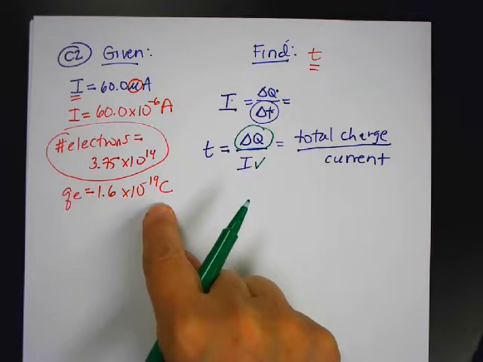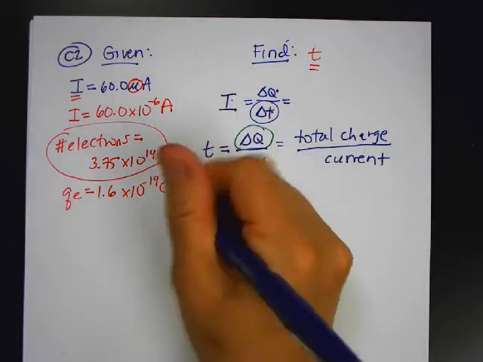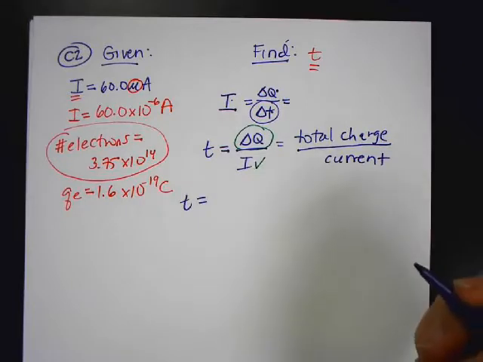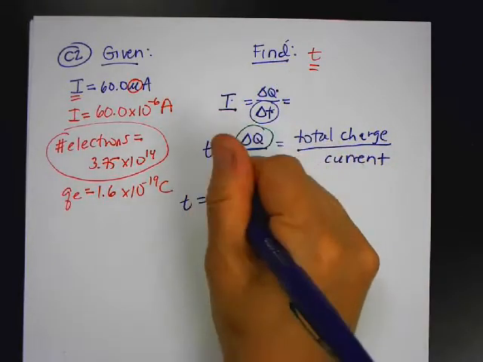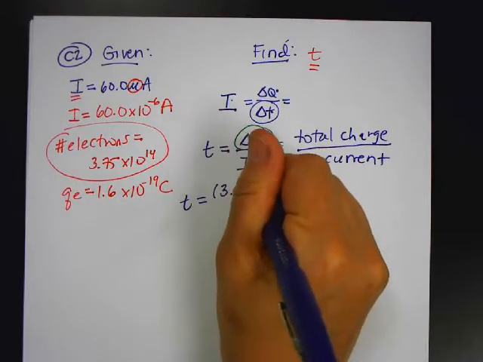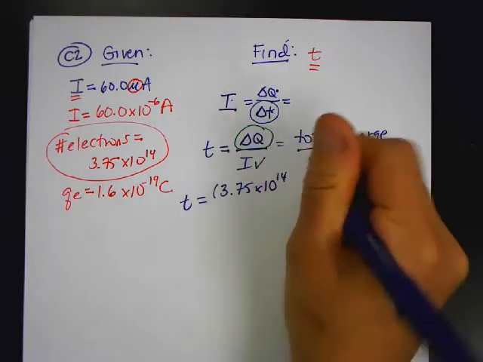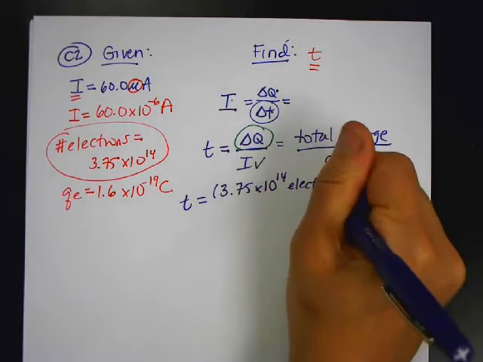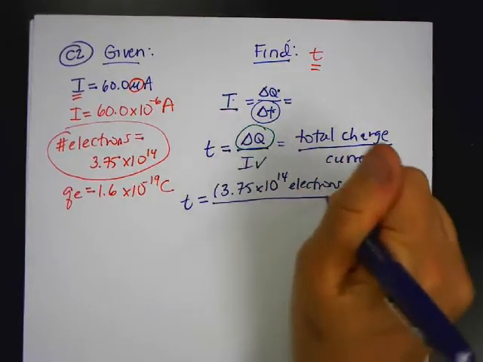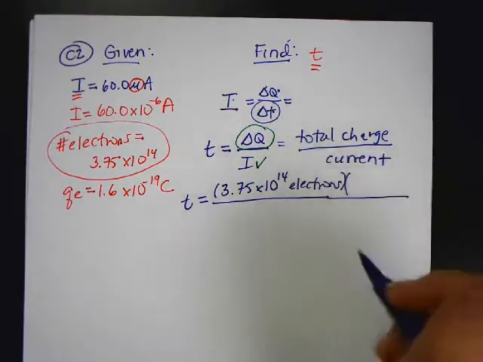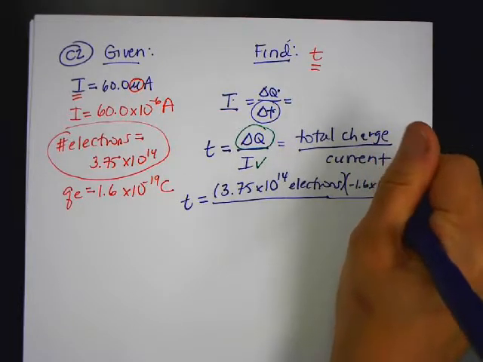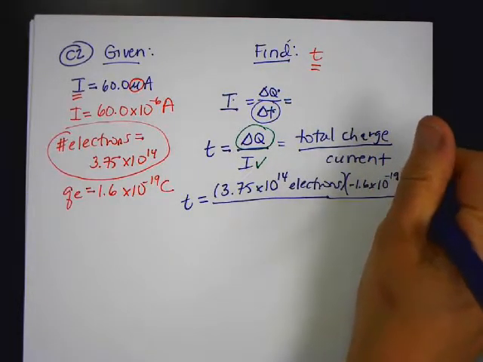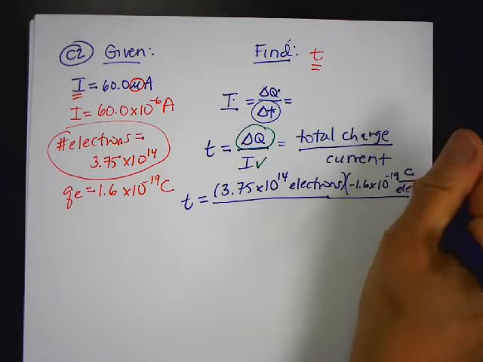As far as the total charge, I just have the number of electrons, and then I have the charge on each electron. So as far as delta Q, I have 3.75 times 10 to the 14 electrons, and then the charge of one electron is negative 1.6 times 10 to the negative 19 coulomb per electron.